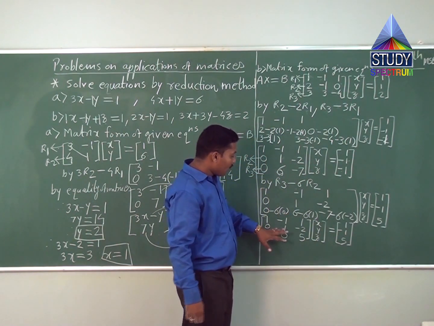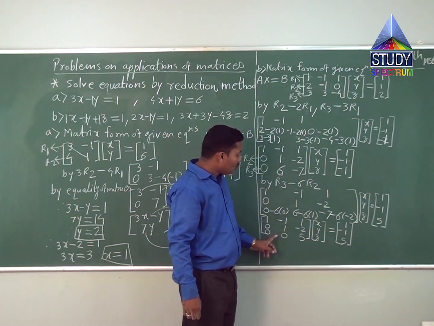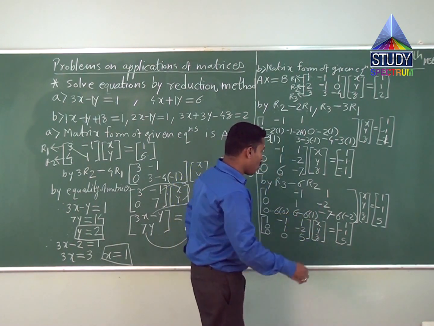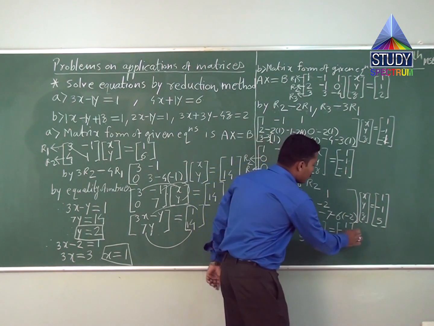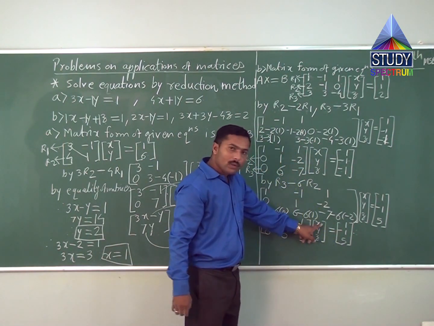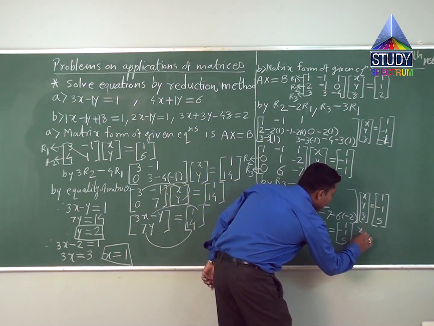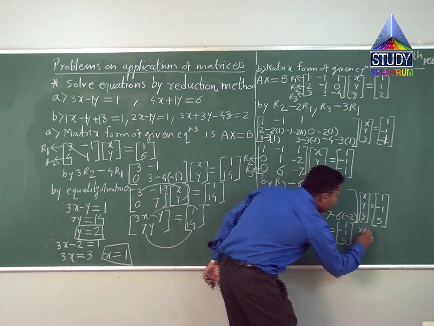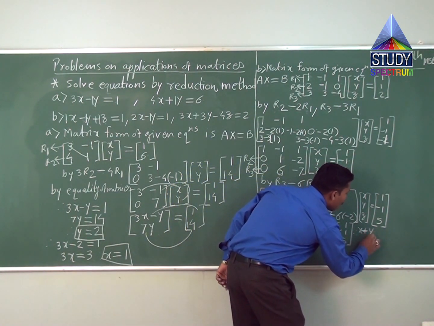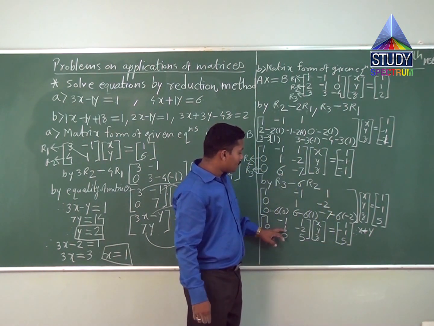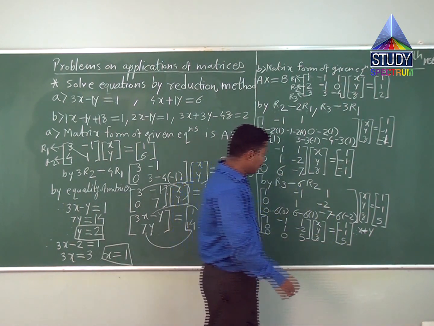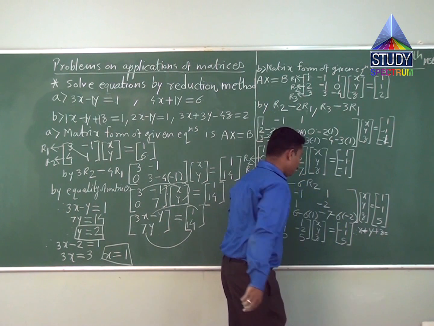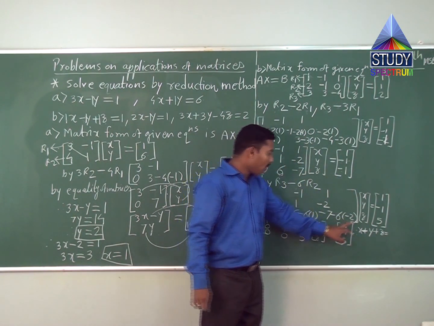So this is one matrix, this is one matrix, so here is a multiplication. First row, first column: 1 into x, x, plus minus 1 into y, minus y, and last 1 into z, plus z equal to this number 1.